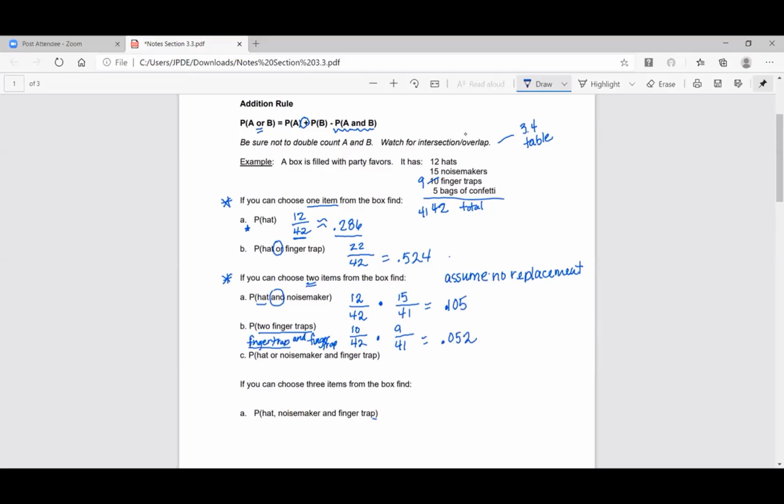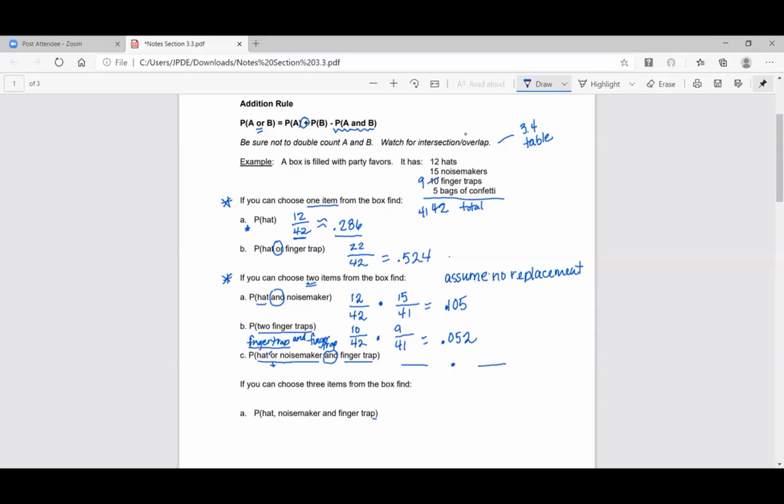All right, we're still choosing two. This first one here says you want a hat or a noisemaker and a finger trap. So this one has an or. So this is the hats plus the noisemakers and the finger traps. First pull and second pull, or first trial, second trial.